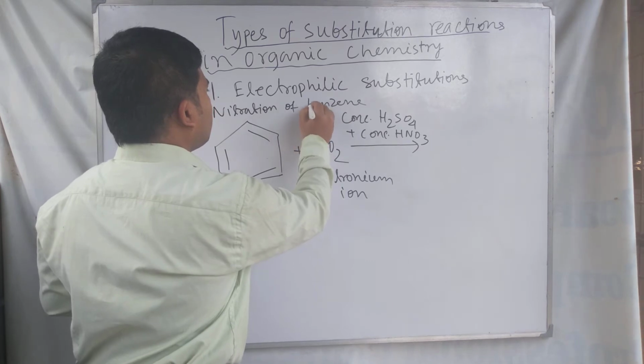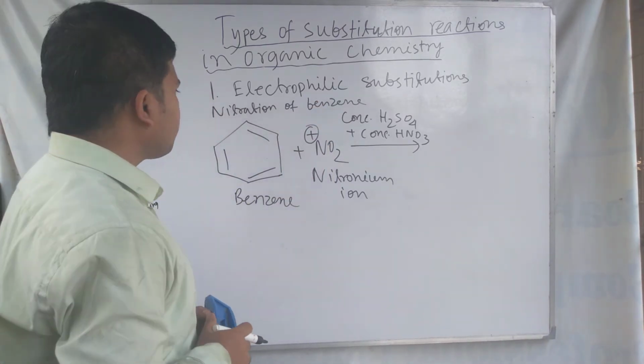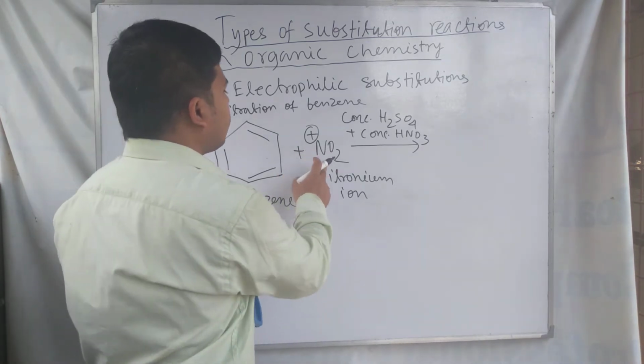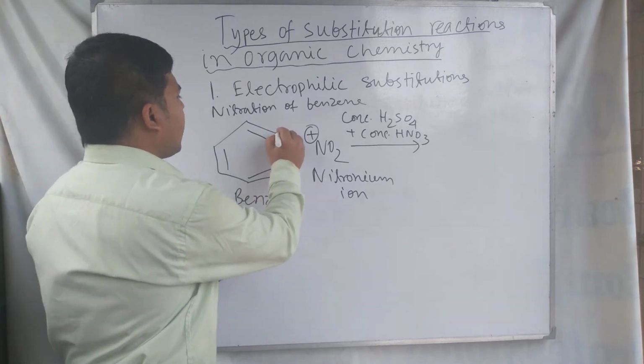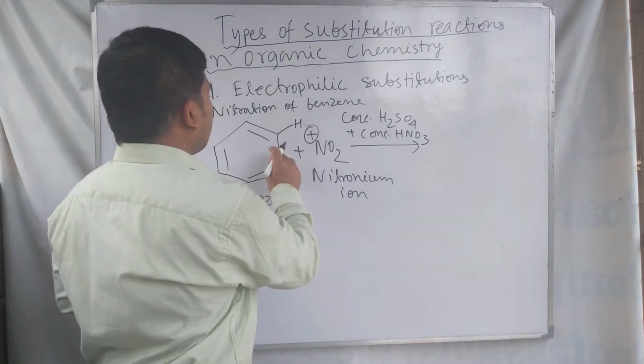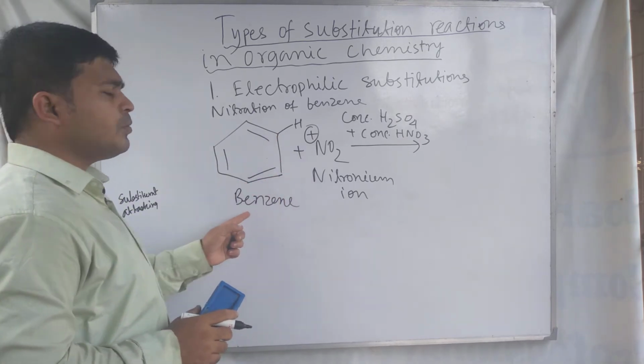In the nitration of benzene, electrophilic substitution occurs. The electrophile NO2 plus, or nitronium ion, substitutes a hydrogen atom present on the benzene ring.